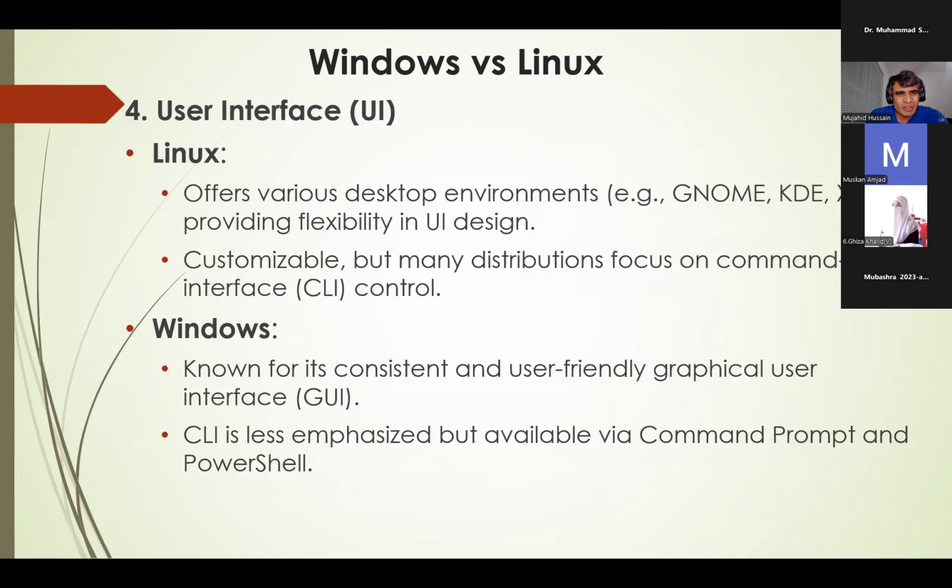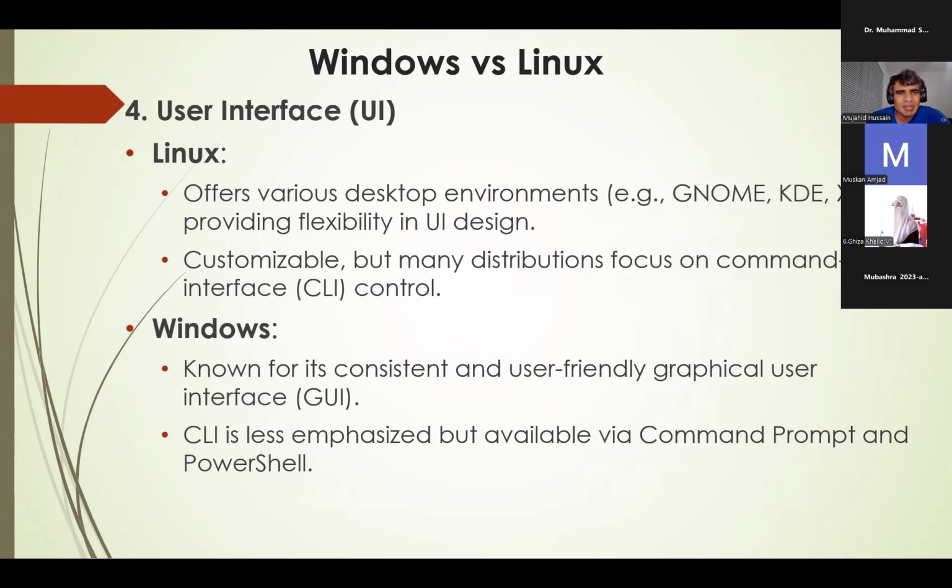As you know, when we are operating Windows, everything is user friendly, and you can click everywhere using your mouse and do whatever you want. But in Linux there's a major difference: you can control it with a Windows-like interface, but preferably you operate it using the command line.